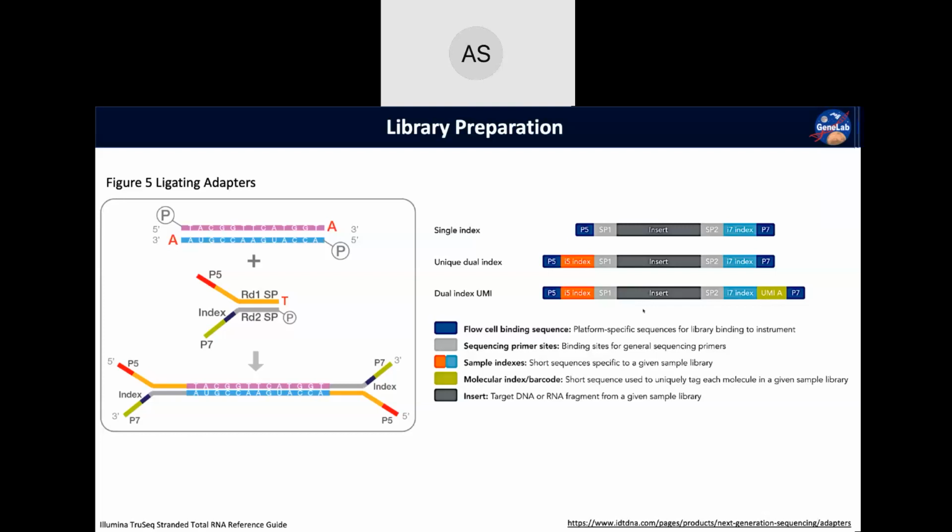And so we want to be able to detect those, since those would have been added artificially. And in order to do that, we at this step can use an index that also contains a unique molecular identifier. And this is going to be a random set of base pairs that you're going to add on that'll help you identify technical duplicates later on in your analysis. And I'll get to that later.